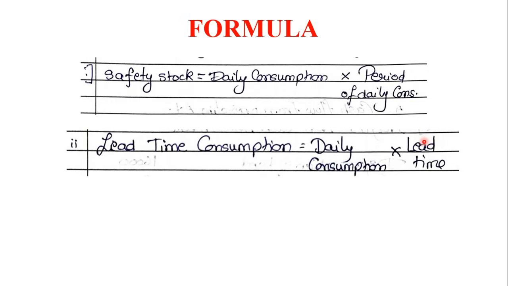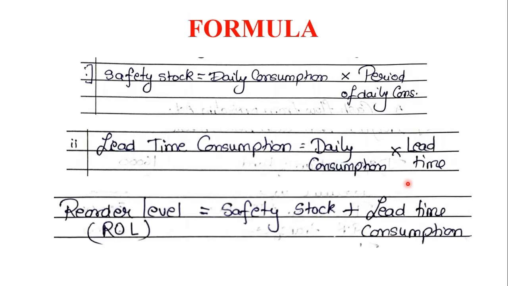Once you have safety stock and lead time consumption, our final answer, the reorder level, that is ROL, is equal to safety stock, the answer from the first, plus the lead time consumption. You add up and whatever answer you get is your reorder level.